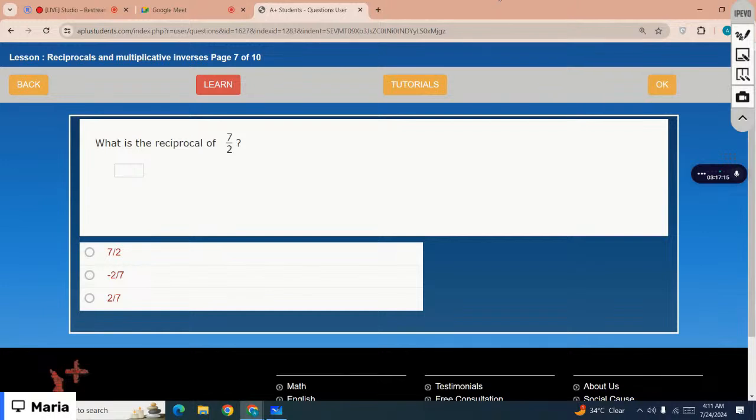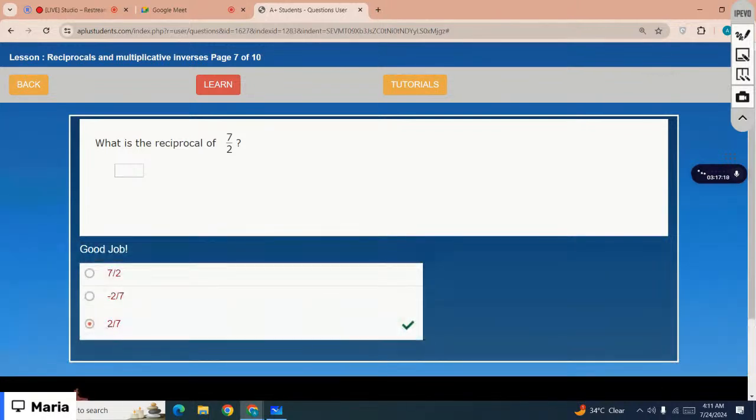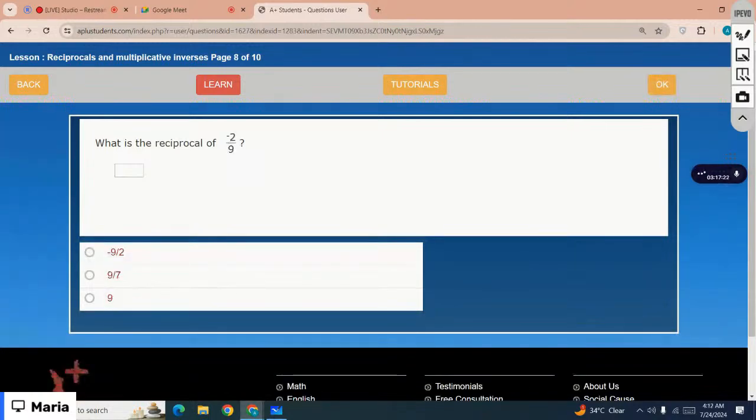Yes, that is 2 over 7. Option number 3 is the correct option. What is the reciprocal of negative 2 over 9? That is negative 9 over 2. Option number 1 is the correct option.